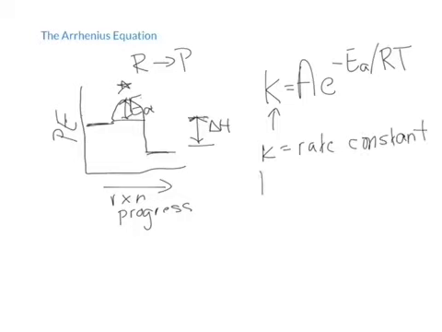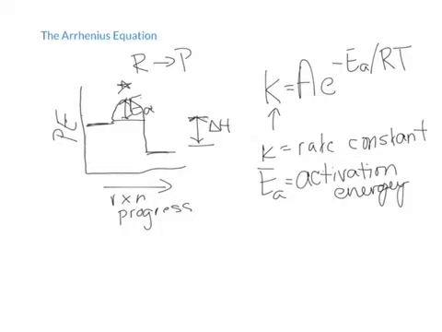E sub A is our activation energy. And then R is our handy gas constant, 8.314 joules per Kelvin mole. And remember, we're going to use this R instead of the 0.08206 because of the joules that are inherent in the units here, right?